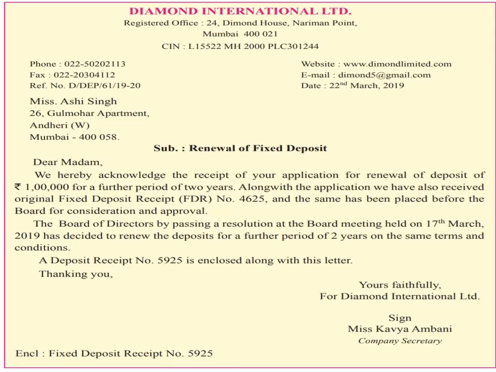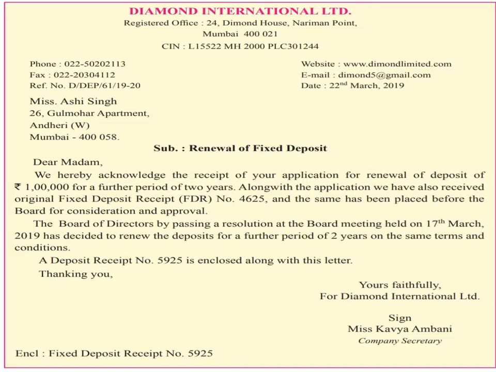So moving ahead, let's start with the first letter which the company is writing to the member. The very first letter which today we are going to study, the subject is renewal of fixed deposit.